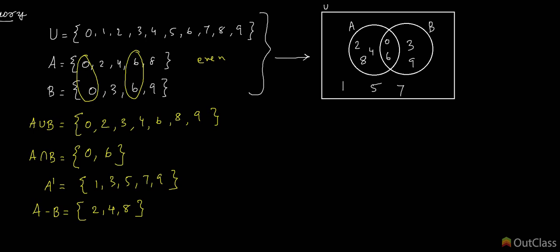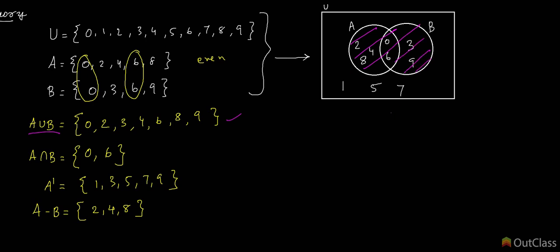Now let's look at these operations quickly one by one. A union B basically means A or B, which we have listed, but visually the area would be all of this.